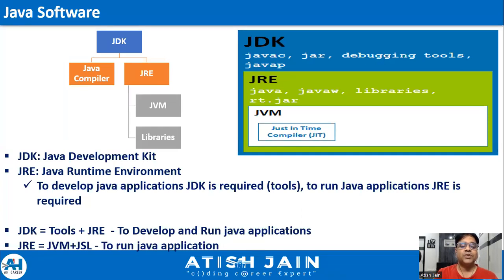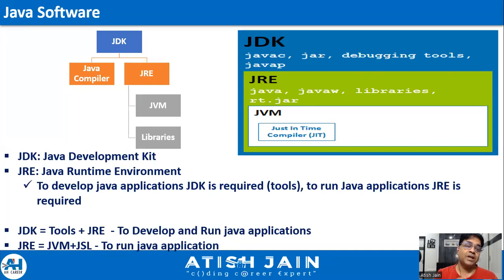So JDK is used for developing and running Java applications, and JRE is used to run Java applications. Imagine you are a developer, then you are the one who is going to develop Java applications, and the applications you have developed, you have to test whether they are working or not. So you need a runtime environment also. Is it clear?